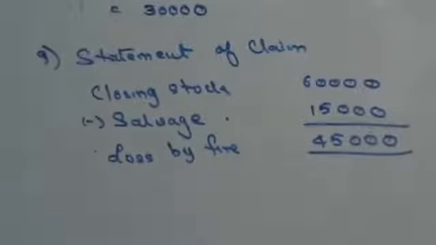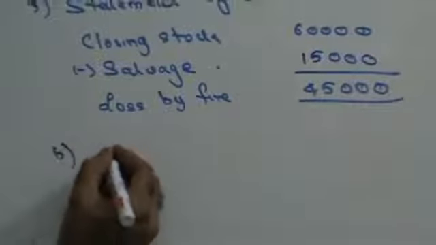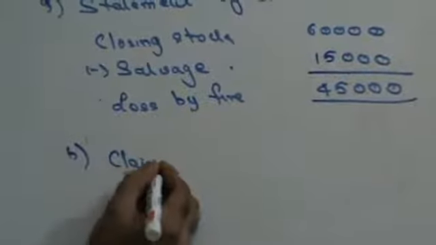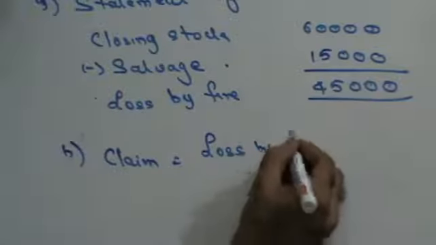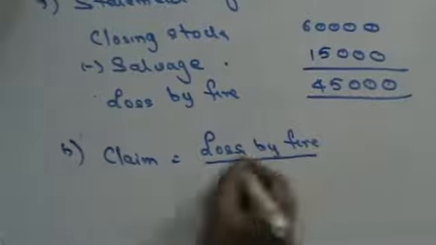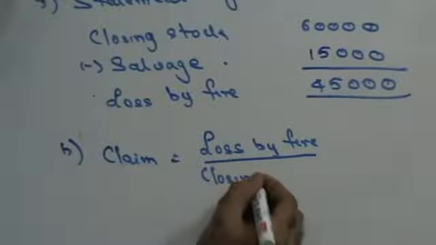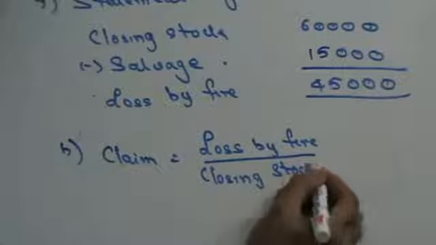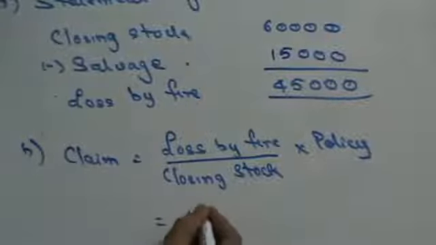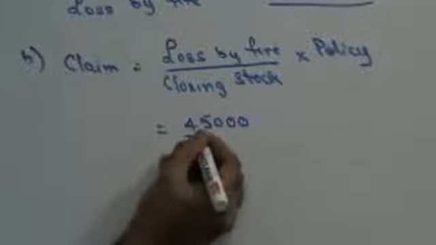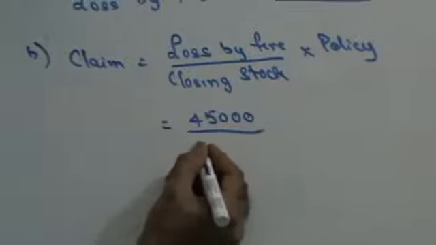You can say that claim is loss by fire upon closing stock into policy amount. Loss by fire is 45,000. Closing stock is 60,000.